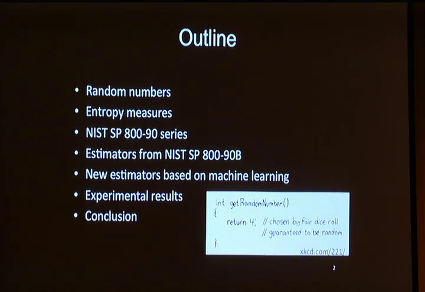It's about the special publication 800-90 series, and 90B includes a couple of entropy estimators, and now we are trying to study more on them, and we want to add new estimators to this document. Today I'm going to present these new estimators, which are based on some machine learning techniques. I'm also going to present some experimental results and conclude the talk.